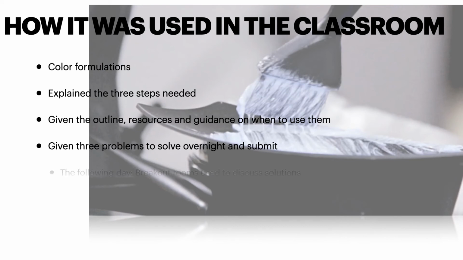The following day, I divided the students into smaller groups via breakout rooms. I also made sure to have more proficient students help classmates that may have struggled with the assignment. In these groups, they discussed the steps needed to successfully formulate colors.